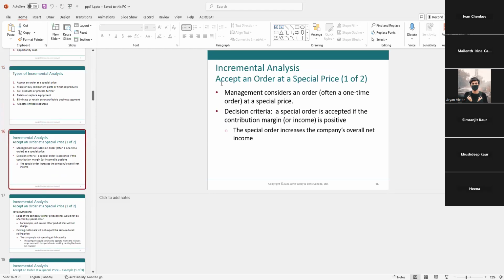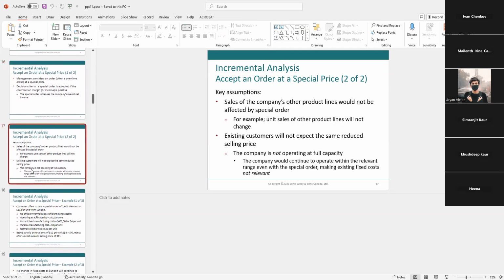Now, the decision criteria for accepting the order at a special price is, as long as the special order provides a contribution margin which is positive, you can accept it. Again, as long as the contribution margin is positive, you should accept the order.